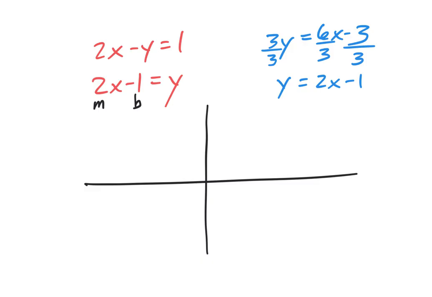It didn't look like they were the same equation. But when we start to solve it, we realize that they have the same slope, they have the same y-intercept, everything about them is the same. So we're going to go down 1, up 2 over 1. If I were to graph these two lines, they'd be right on top of one another. Exact same line. So two equations, but only one line.